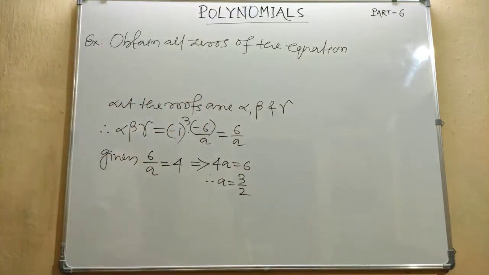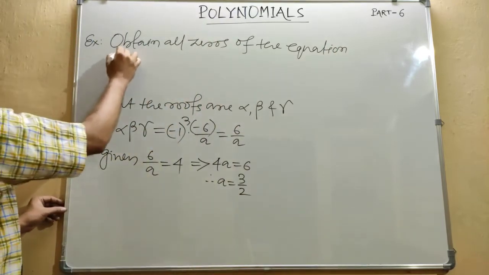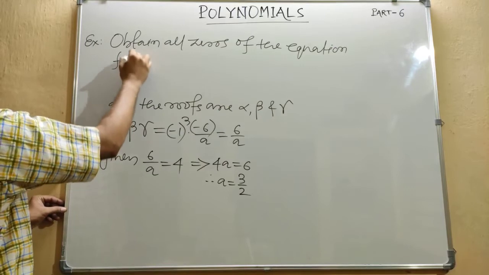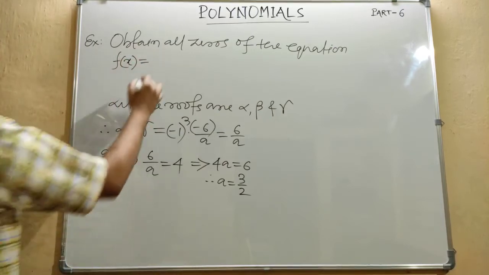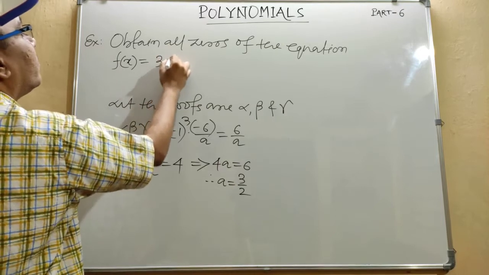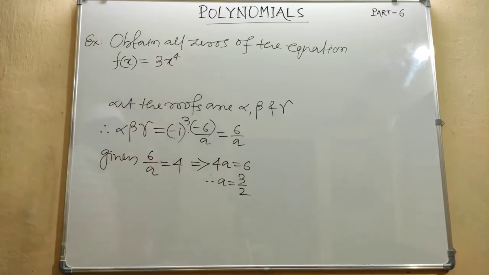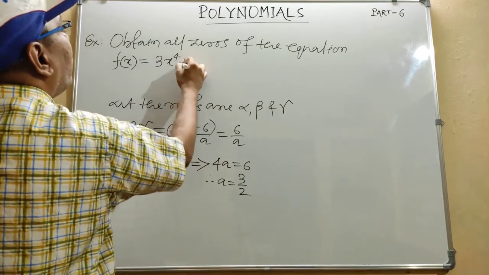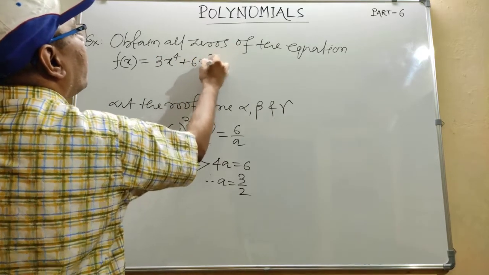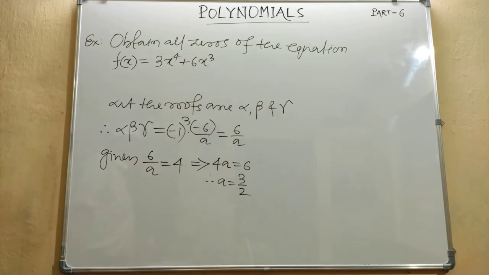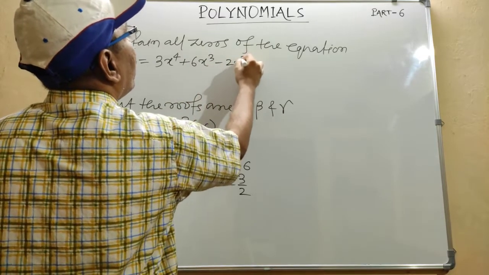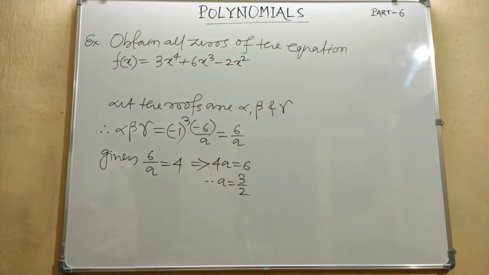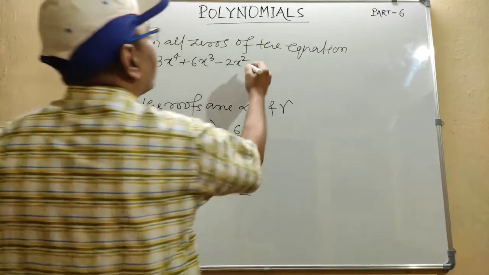What is the equation? f(x) = 3x⁴ + 6x³ − 2x² − 10x − 5.